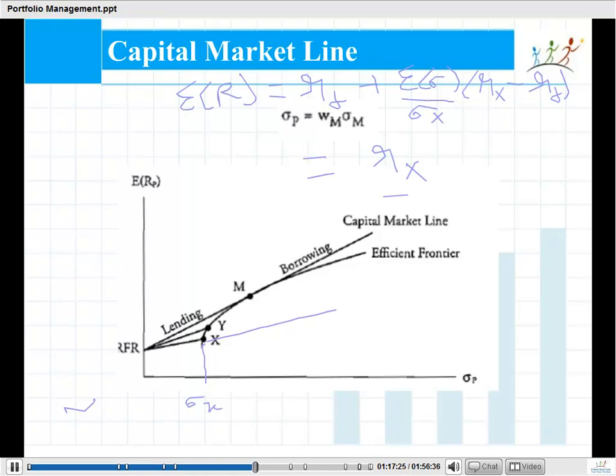If the expected sigma is 0, that means I take no risk. If expected sigma is 0, then the expected return will become Rf. That is no risk, expected return is the risk-free rate. So you understand, this equation is the equation of this line.